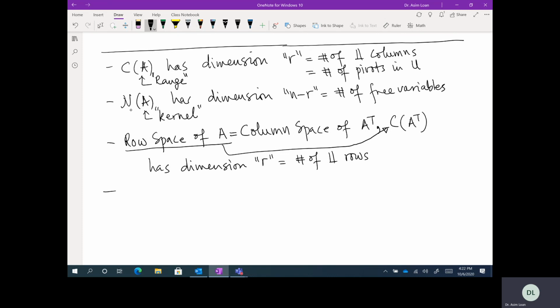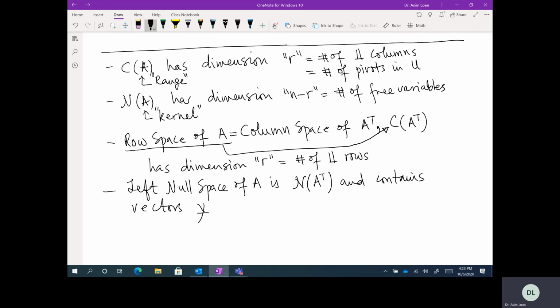The null space is also the right null space. So the left null space of A is actually the right null space of A transpose, and contains vectors y such that A transpose y equals 0, or y transpose A equals 0.